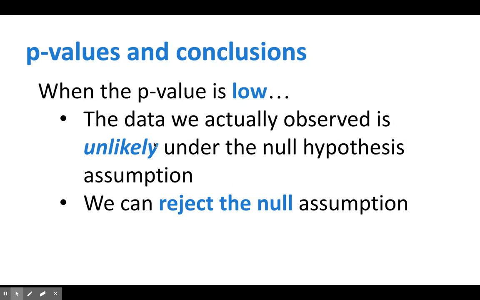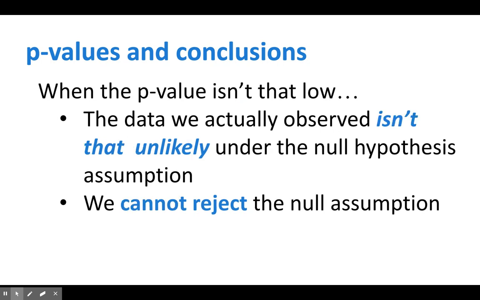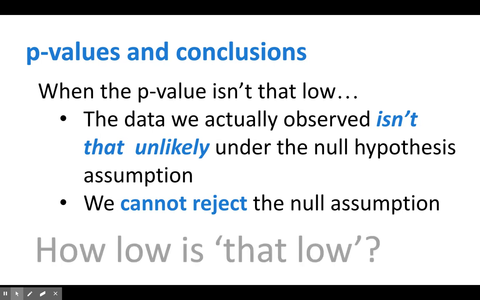A low p-value is a low probability, which says that it's really unlikely to occur if the assumption is true. And if you get a low p-value, you reject the null. If the p-value isn't low, the data that you observed is not that unlikely, and so you cannot reject the null. If the p-value is not low enough, you fail to reject the null hypothesis.